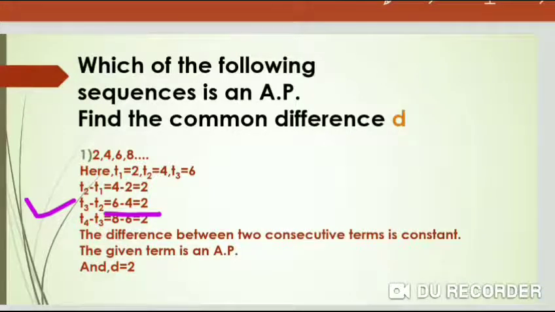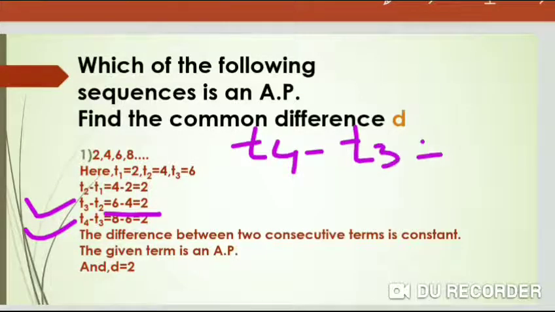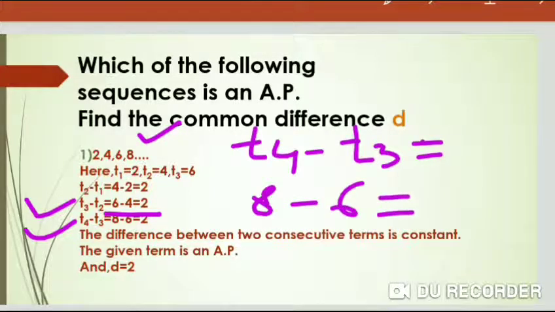Now, next we write T4 minus T3. The value of T4 is equal to 8. Therefore, we can write 8 minus T3, which is 6, and the subtraction of 8 and 6 is 2. Therefore, we get the common difference D is equal to 2.